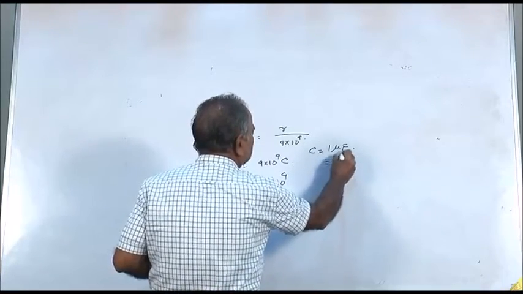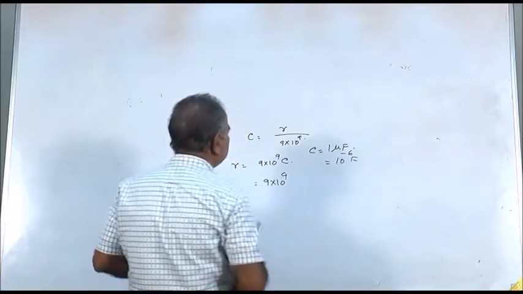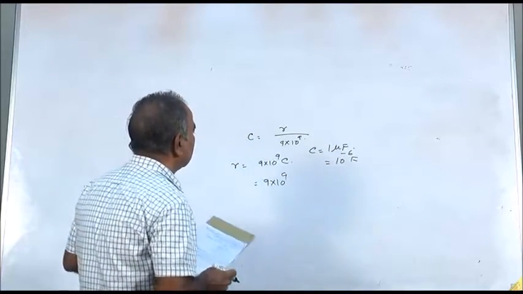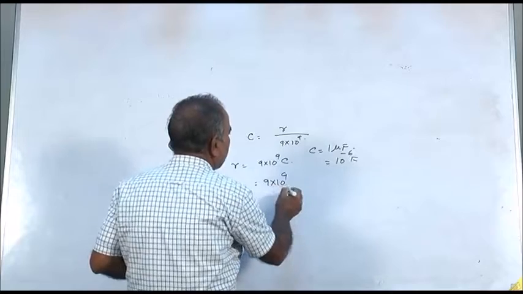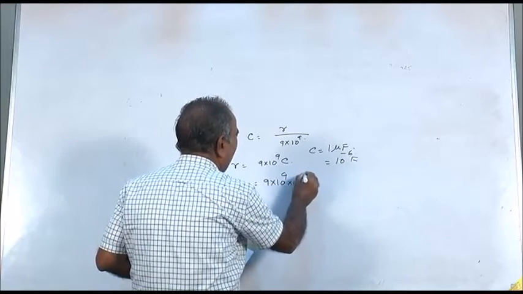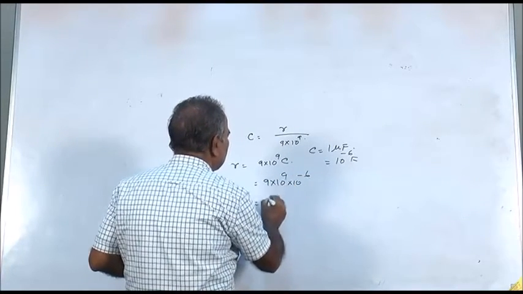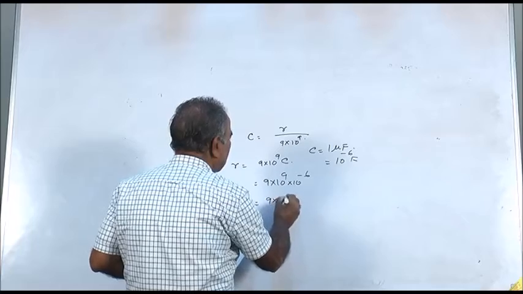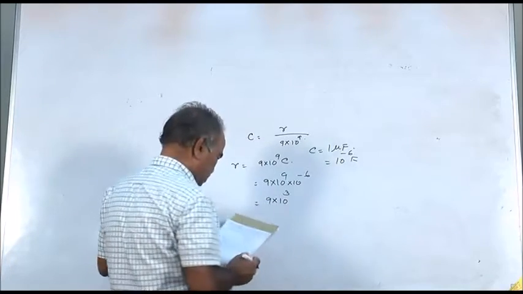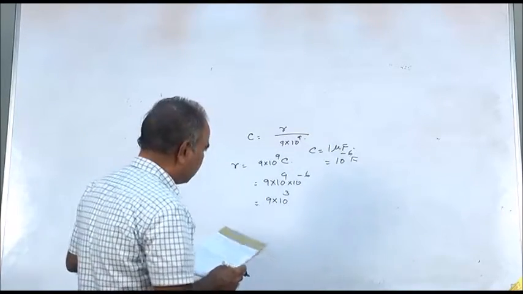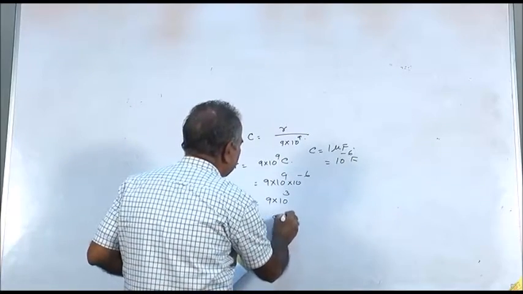When C is equal to 1 microfarad, that means 10 to the minus 6 farad. So, the radius will be 9 x 10^9 into 10^-6, that means it is 9 x 10^3, which is equal to 9 kilometers.